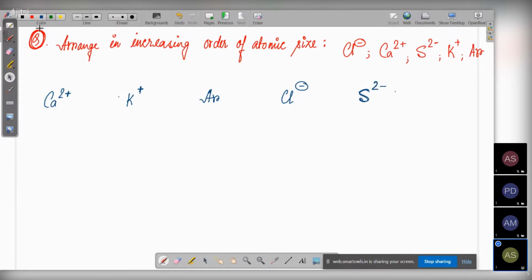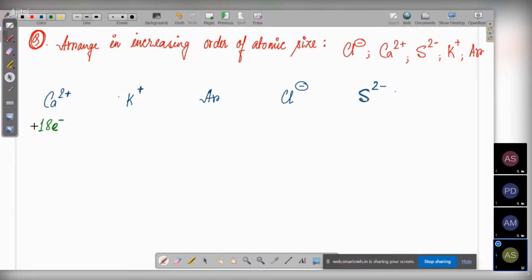This will be the answer. But how? Now tell me, how many electrons does calcium normally have? Calcium normally has 20 electrons. Now over here, calcium is 2 plus, so that means 2 electrons have been lost. So there are 18 electrons.